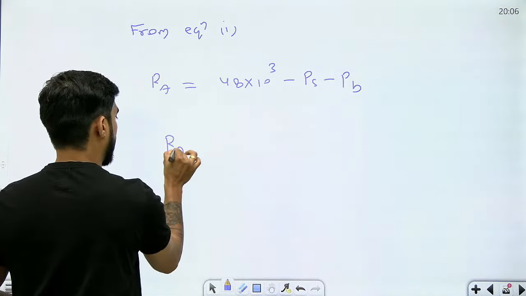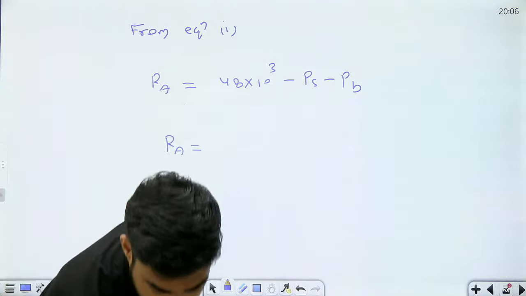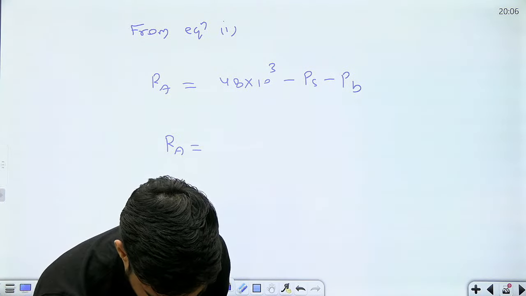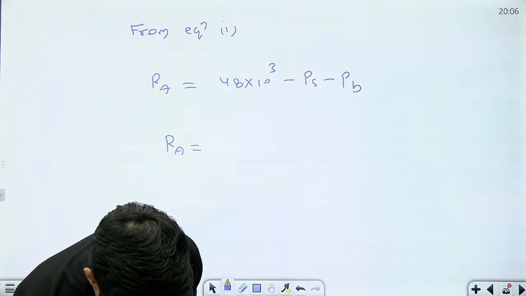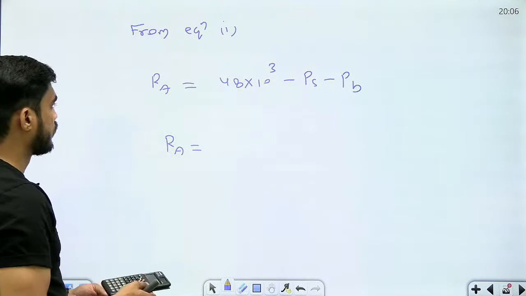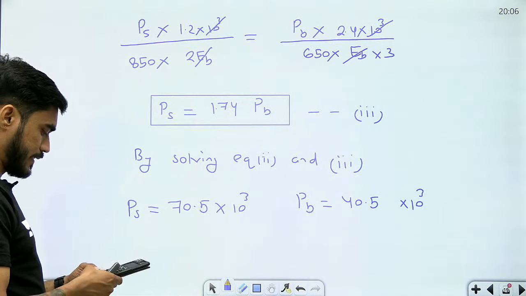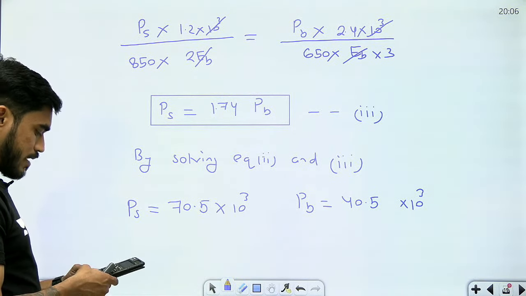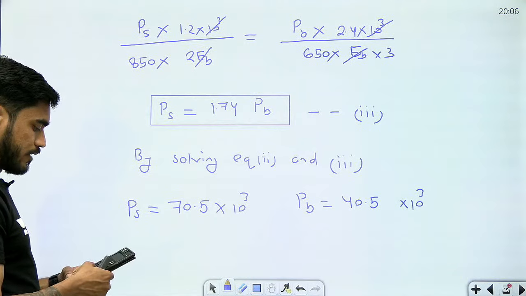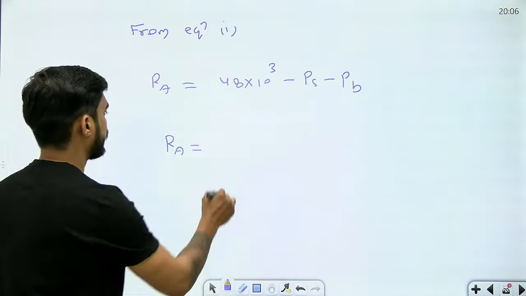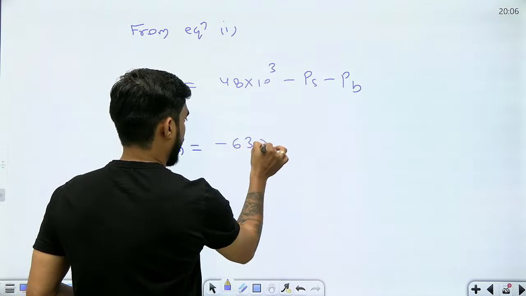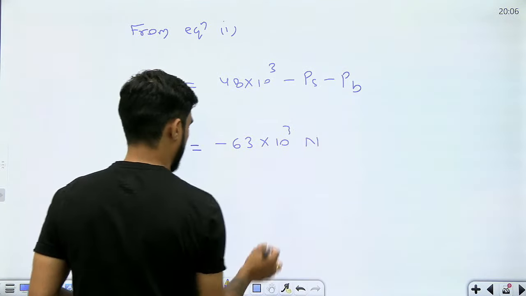So how much RA am I getting? कितना आ रहा है? 48 minus 70.5 minus 40.5, minus 63 into 10 to the power 3 Newton.